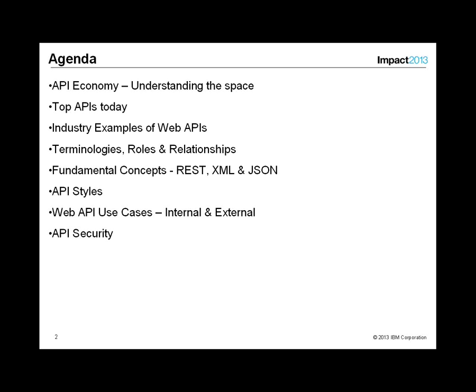So I'll run you through REST, an overview of XML and JSON, and I'll talk to you about API management in an enterprise architectural view, right? I'll also give you some information on how do you secure APIs, because this is a very, very important topic. So we'll go through this as an agenda.